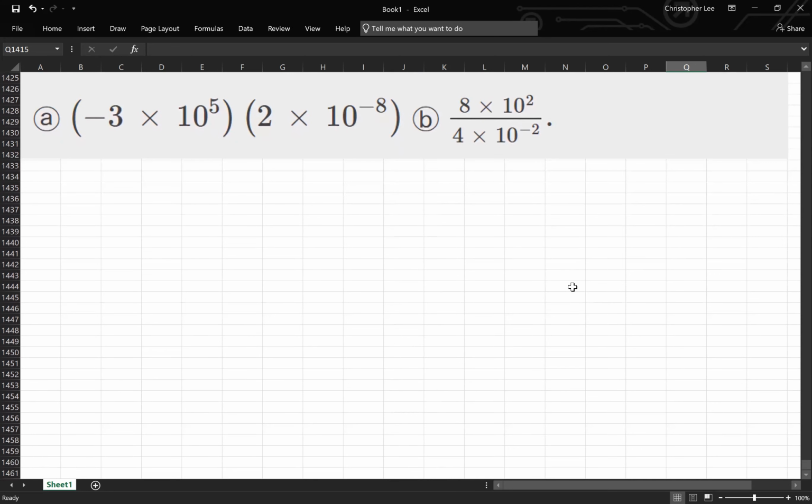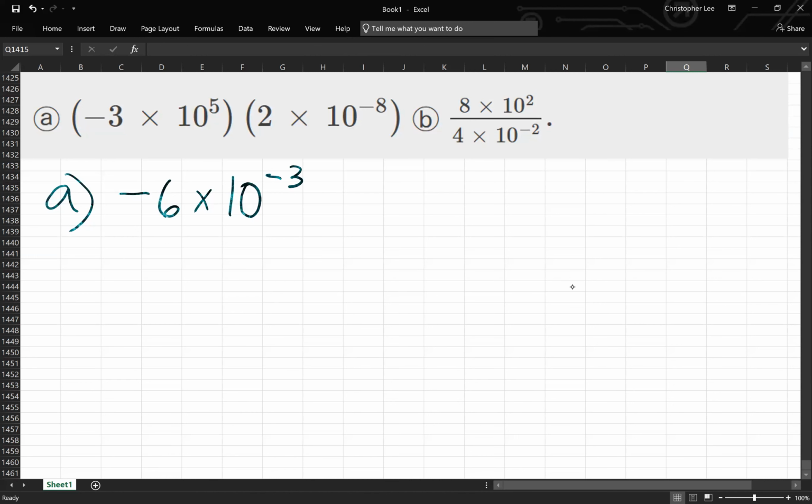All right, let's take a look. So I'm looking at A real quick, right? So I have -3 times 10 to the fifth power times 2 times 10 to the -8th power. So I want to multiply those numbers first. So -3 times 2, what's that? -6, right? Times 10 raised to what power? -3, right?